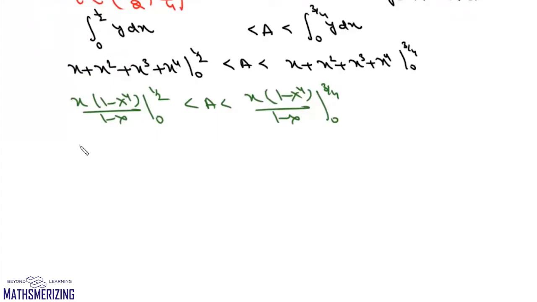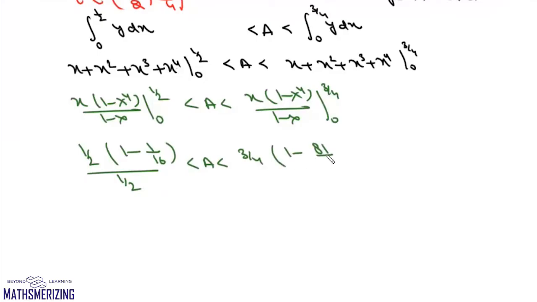Now if we put the value, we'll get 1 by 2 into 1 minus 1 by 16, and this upon 1 by 2 is less than A, and here it is 3 by 4 into 1 minus 81 by 256 upon 1 by 4. This 1 by 4 and this 1 by 2 will cancel.